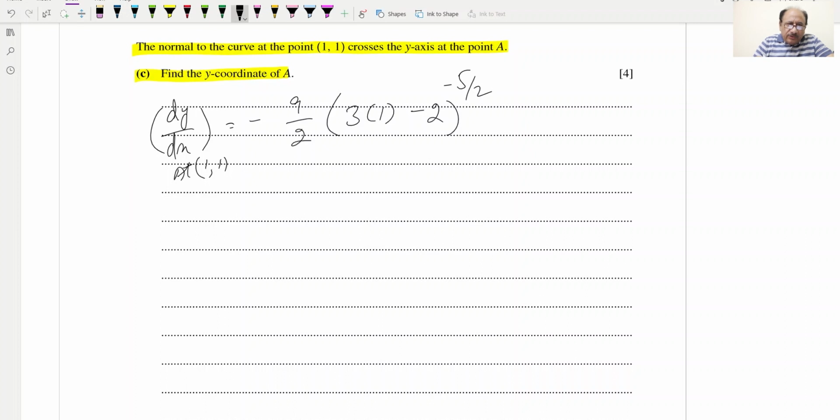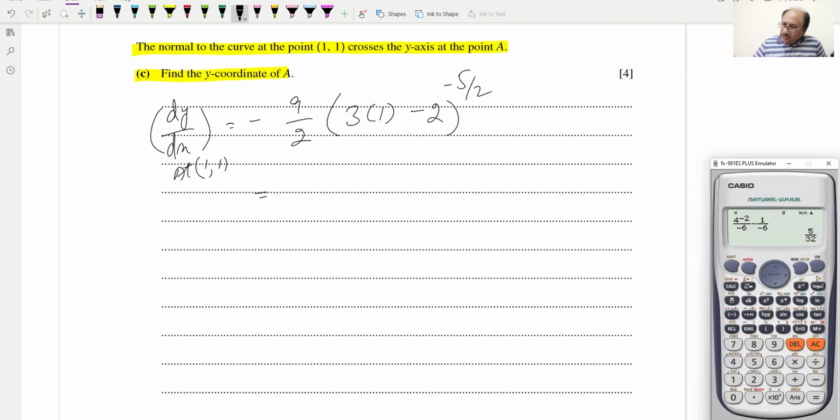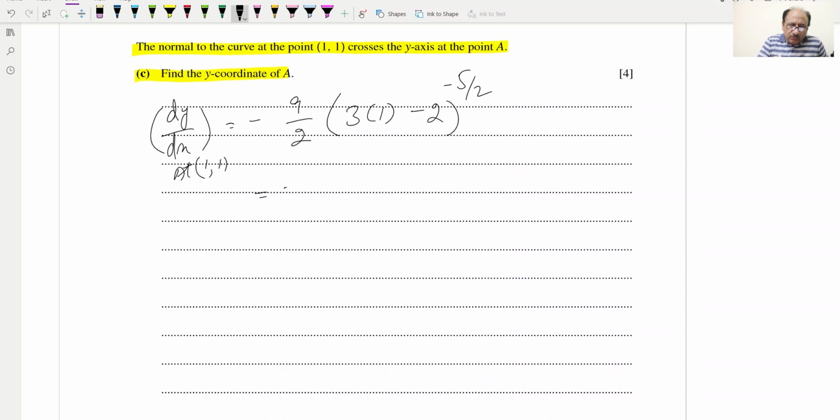If we simplify this using a calculator, it will be -9 over 2, and inside the bracket 3 minus 2 will be 1, so this results in -9 by 2.